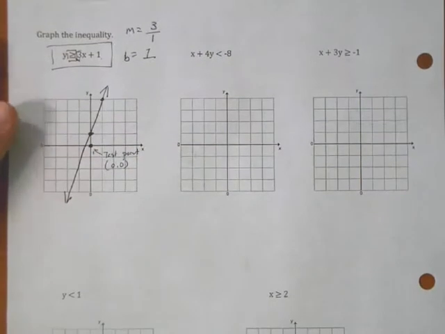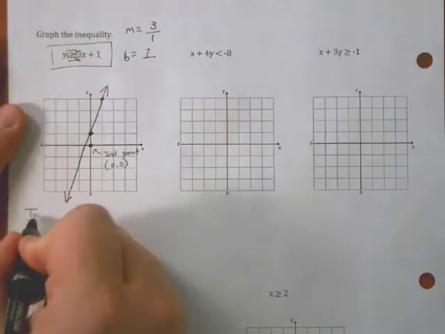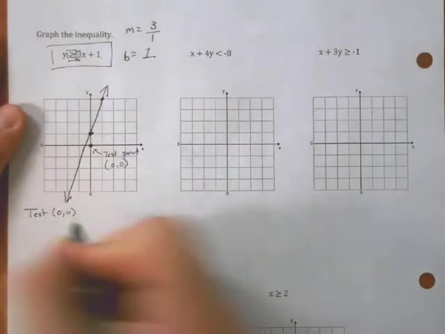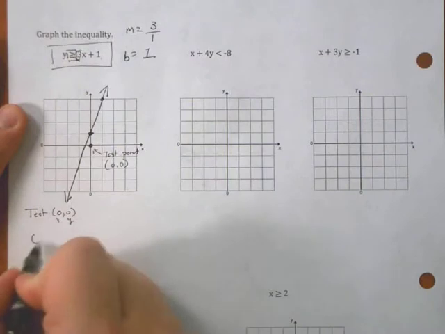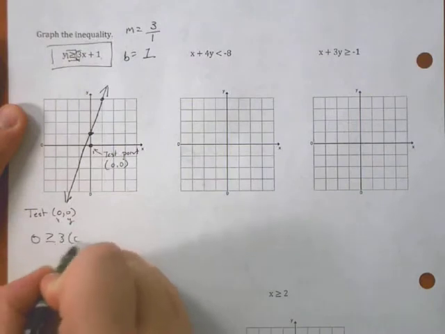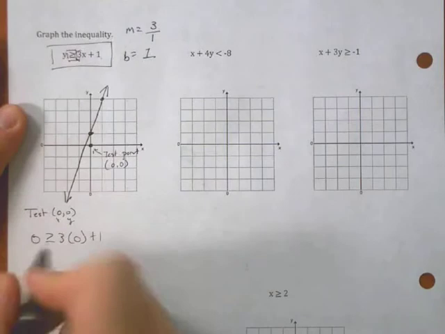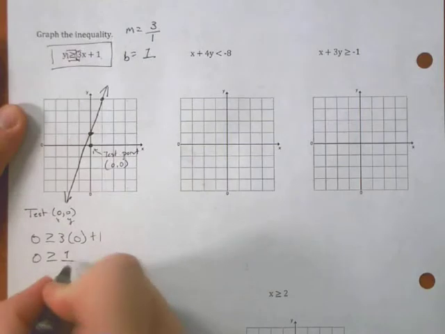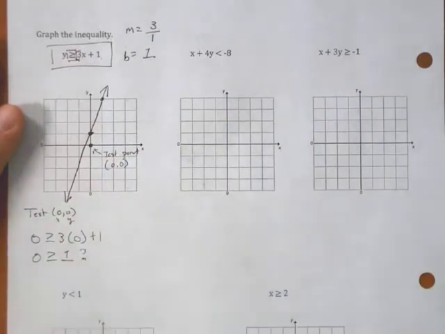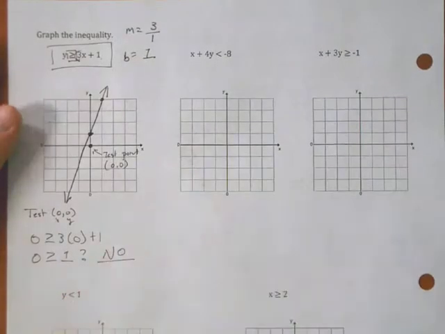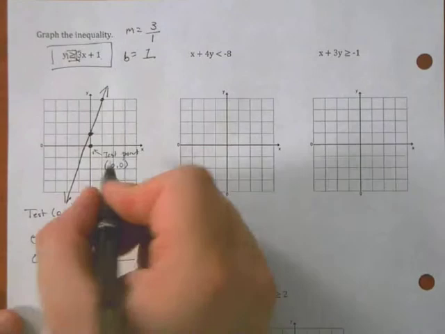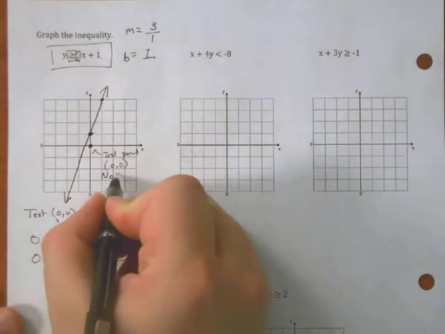Now I plug in my test point. If this is my x and y, I get 0 is greater than or equal to 3 times 0 plus 1. Is 0 greater than or equal to 1? No. So this test point is not a solution.